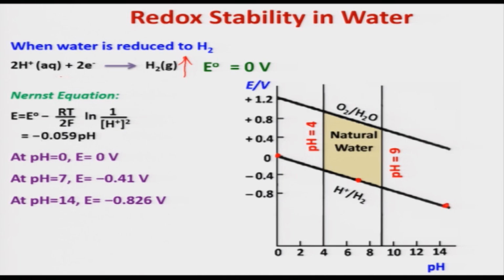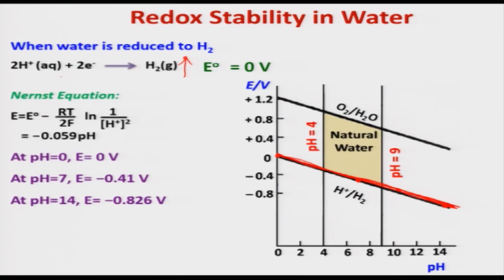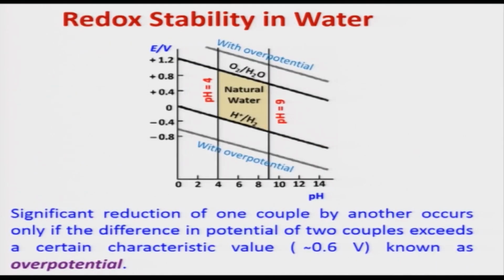It is like this, and if I connect these 3 points, you get a line below which water will be reduced to hydrogen. So, it is supposed to release hydrogen gas if a redox couple is below these lines, which is shown over here. Now, there is another point which one should keep in mind before looking at the redox stability in water, that is called overpotential.